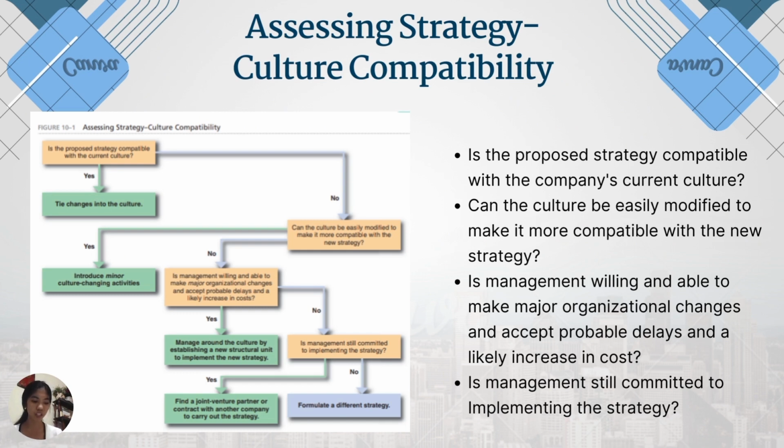Culture and procedures are inflexible. For example, top managers realized the company had to make some radical changes to be more competitive because the current structure, culture, and procedure were very inflexible.